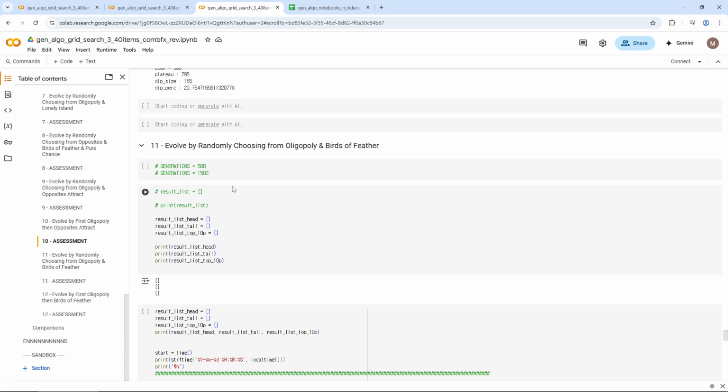I introduced this function birds of feather in the hopes that for innovation I'll let the mutation do the work, but maybe I'll let two entities that are very similar to each other, whether their scores are high or low, mate and procreate, and maybe through that we can have the peak back up.